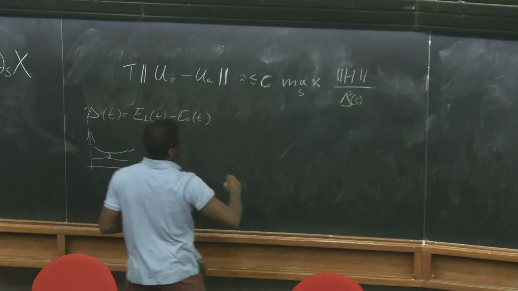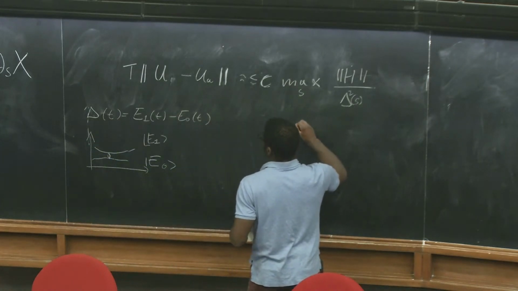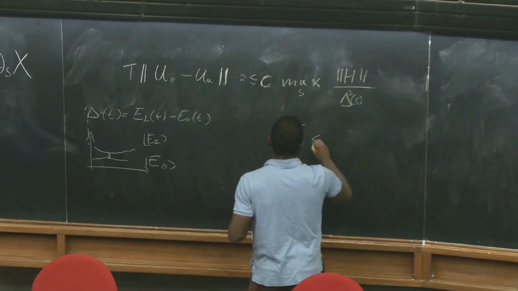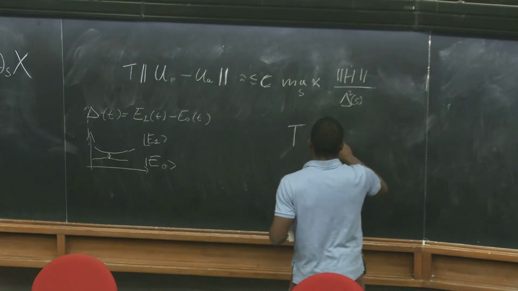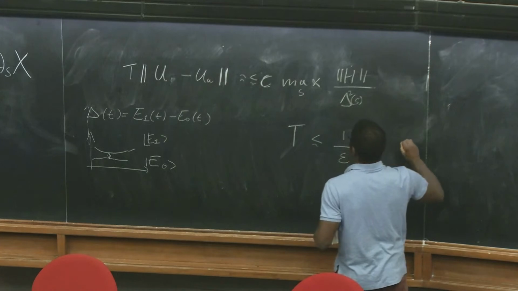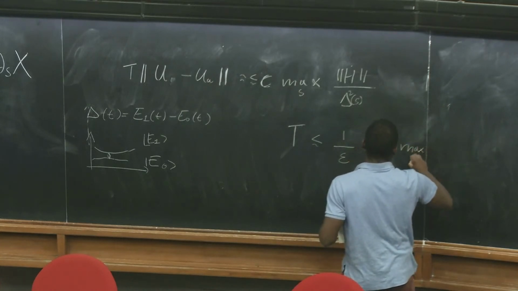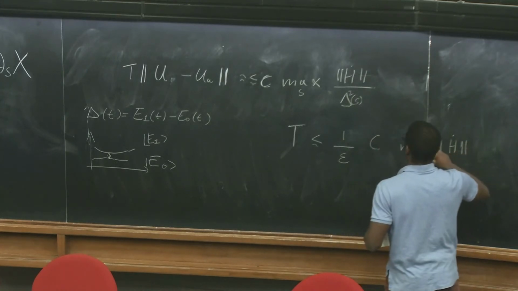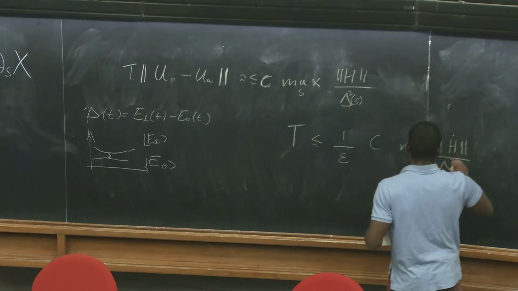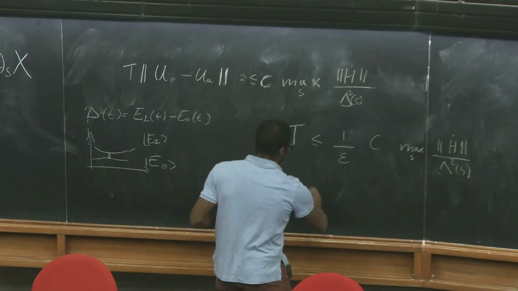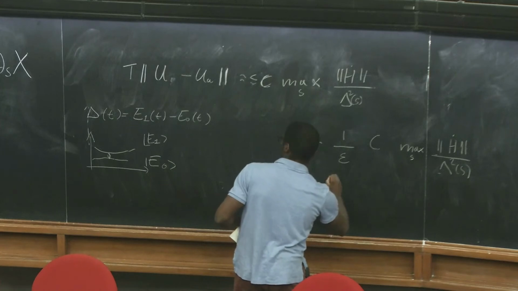If I call the error epsilon, the time needed to achieve an error epsilon is going to be 1 over epsilon times a constant times the maximum over S of the norm of H dot squared of S, divided by the gap squared.